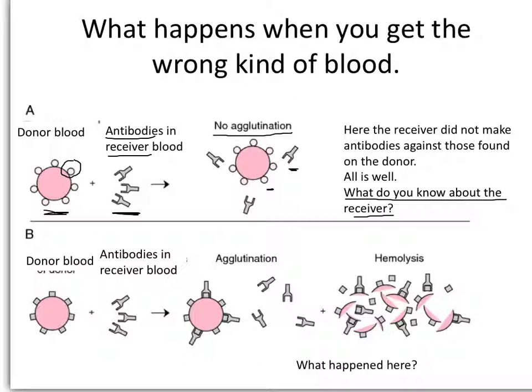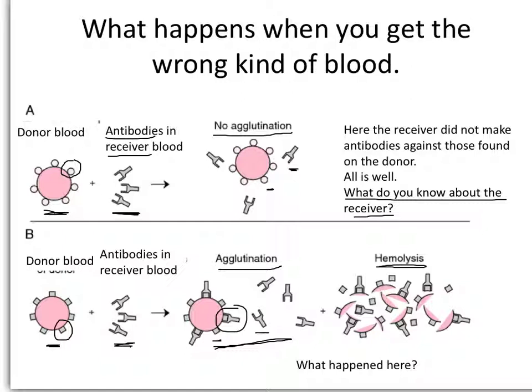Now it's a different scenario below. In scenario B, we've got donor blood, and we have some different antigens showing on the surface. And then here we've got the receiver, the patient's antibodies, and we're seeing a match. So the antibodies are binding the antigens. That's what's shown here. And the result of that is clumping or agglutination, and that targets these red blood cells for destruction, which is called hemolysis in the case of red blood cells.